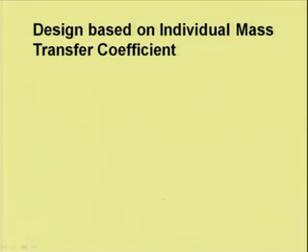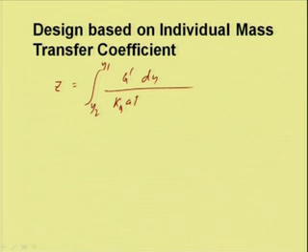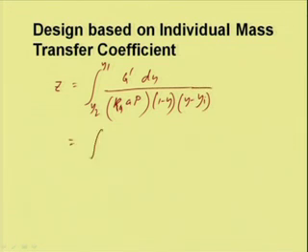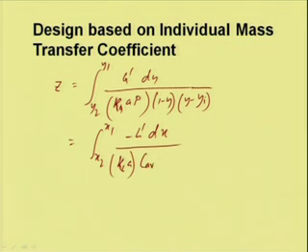We can use other types of individual mass transfer coefficients to calculate the value of z, which is equal to integral y 2 to y 1 G dash dy divided by K G a P, capital K G, into (1 minus y) into (y minus y I), or we can also use integral x2 to x1 minus L dash dx divided by capital K L a into C A average into (1 minus x) into (x I minus x).